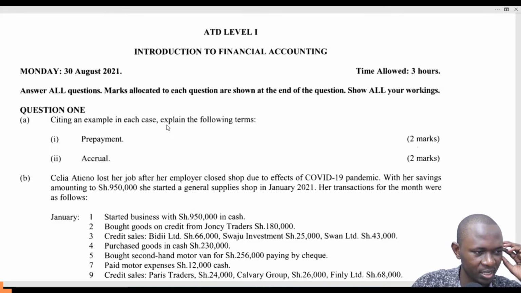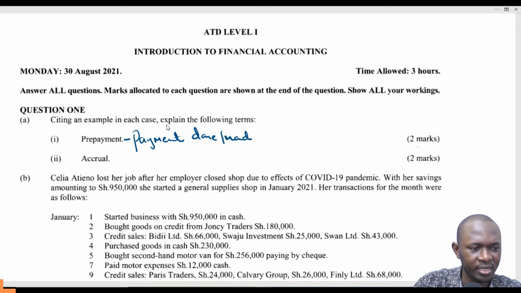So, citing an example, in each case, explain the following terms: prepayment. A prepayment is just a payment in advance of its time.